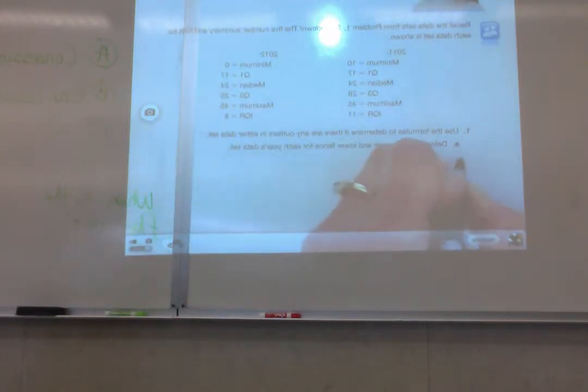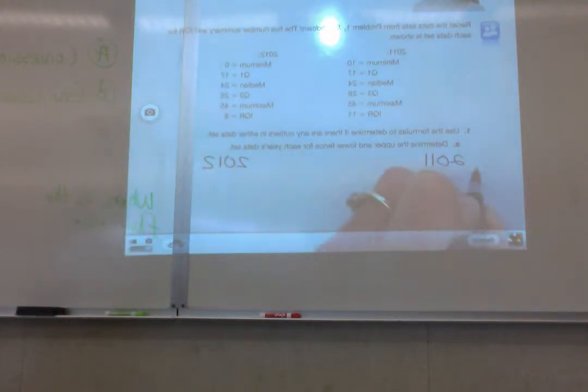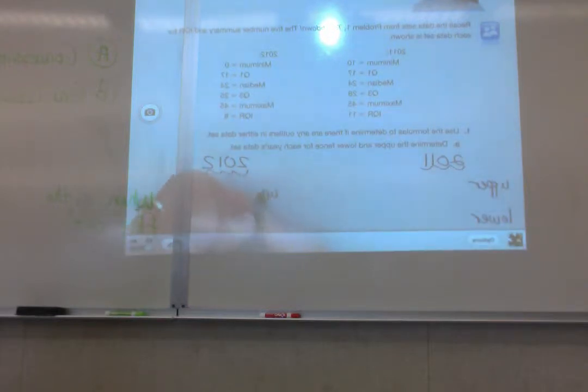So 2011, 2012. Upper fence, lower fence.